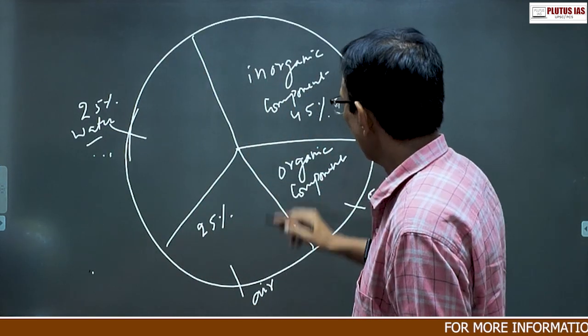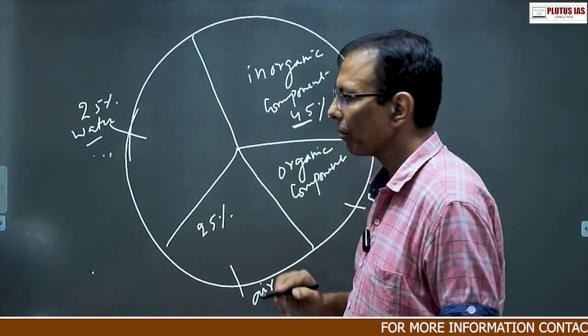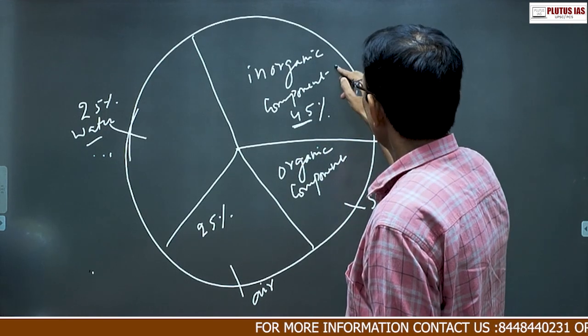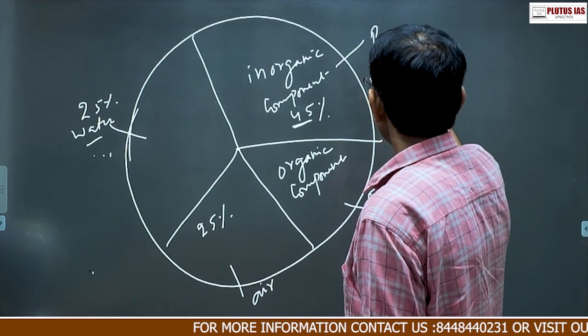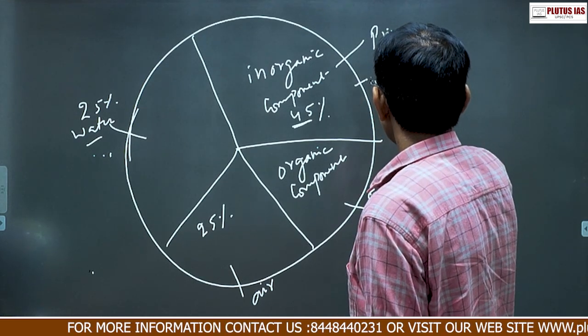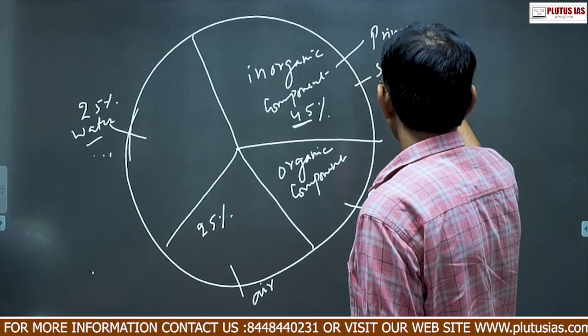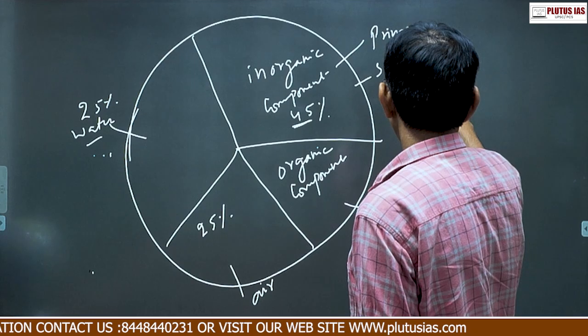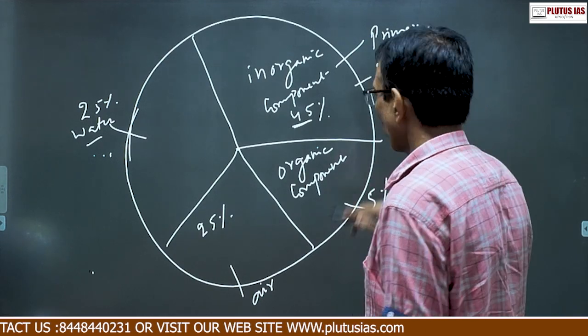So, in the 45% inorganic component of the soil, it is getting primary and secondary minerals.